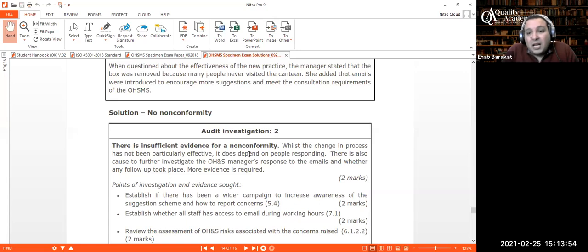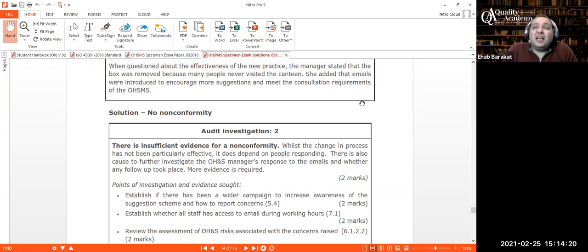But there are some points which may be unclear in the scenario, and you need to investigate about it. For example, if all workers in the organization have access to computers to send emails if needed, this is a question. If the people are competent to use computers to send emails, this is a question.